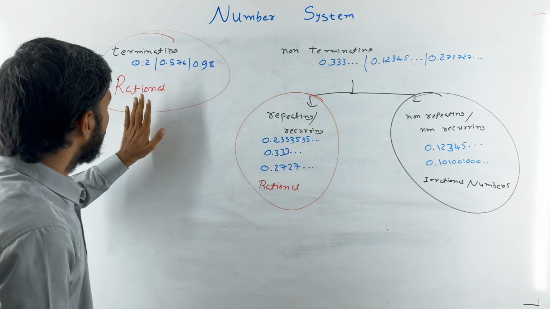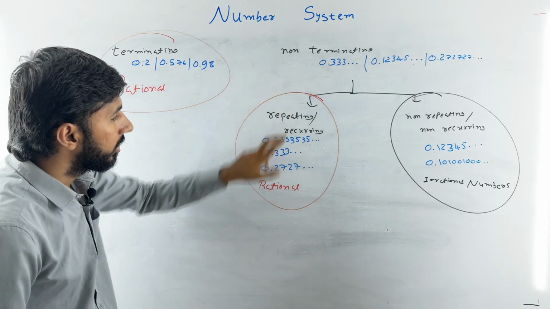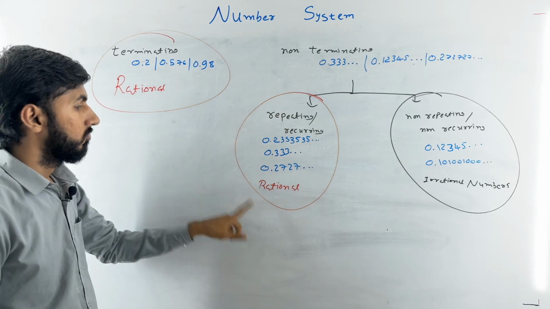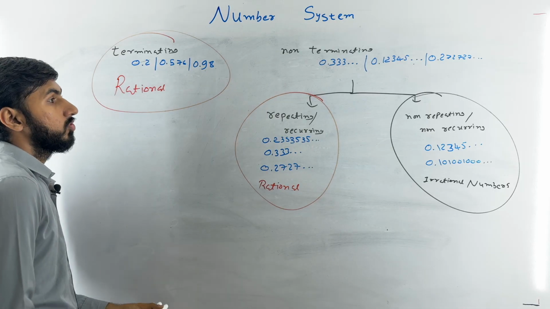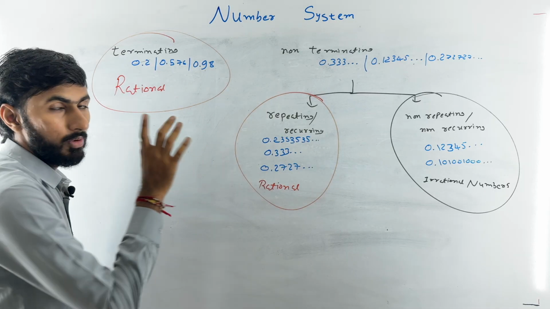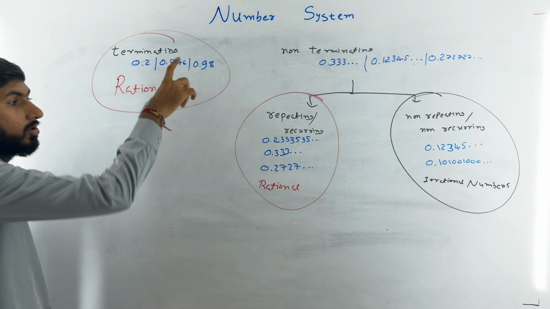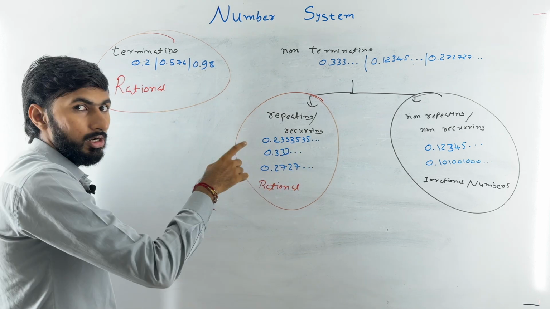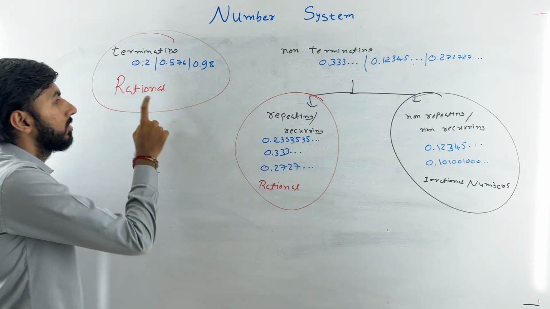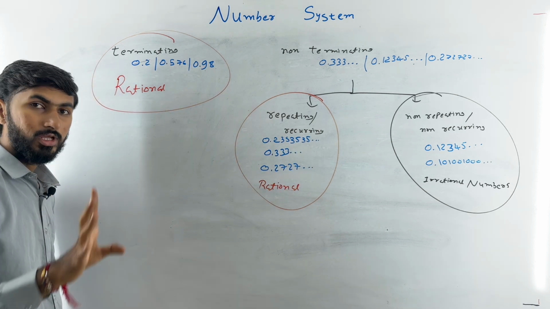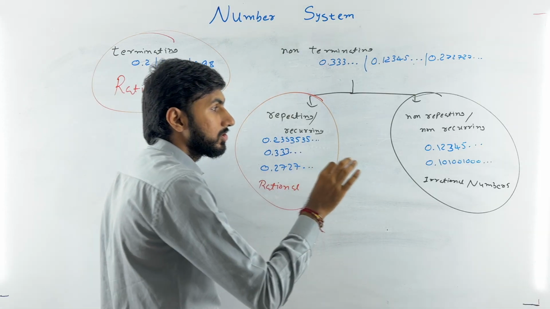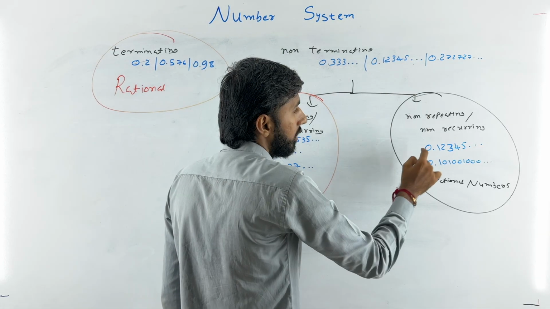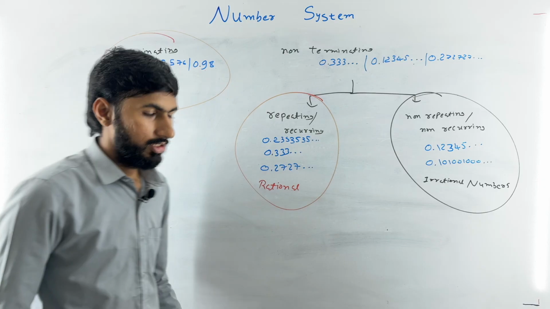And moreover, if the decimal expansion of any number is terminating or non-terminating and repeating, that means the number is rational. And for irrational numbers, the decimal expansion should be non-terminating and non-repeating, right?